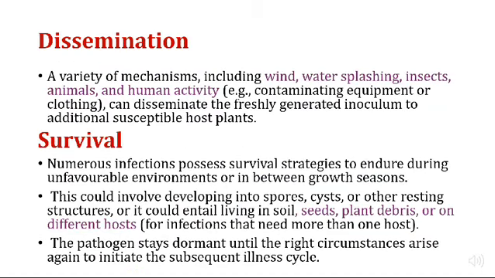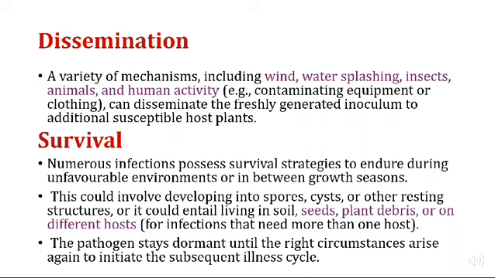The next step is dissemination. A variety of mechanisms, including wind, water splashing, insects, animals, and human activity, can disseminate the freshly generated inoculum to additional susceptible host plants. The final step is survival. Numerous infectious agents possess survival strategies to endure unfavorable environments or the time between growth seasons.